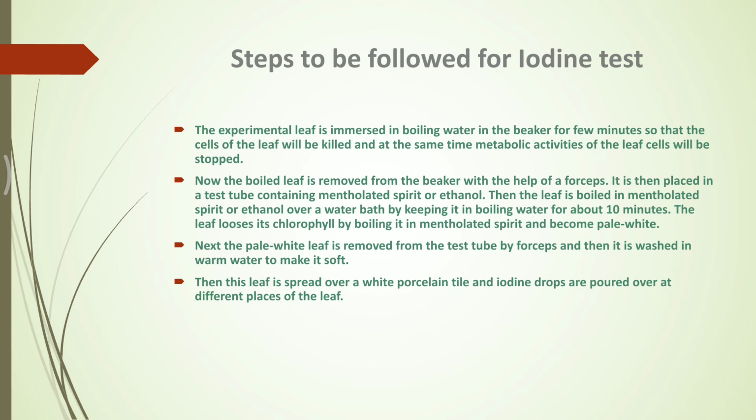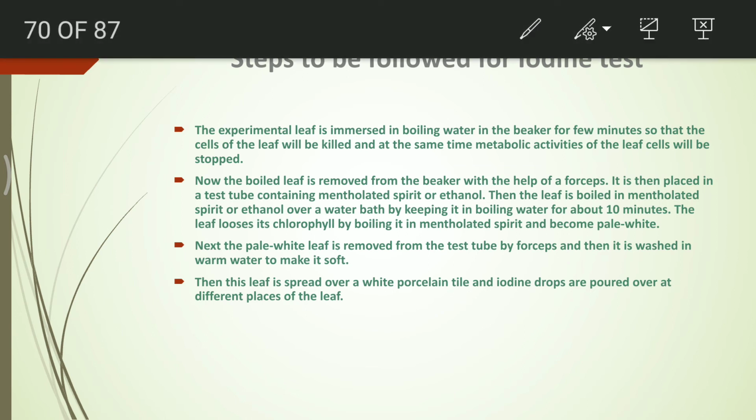The various steps which are performed are still the same for the iodine test. At first we take a water bath. In that we add the leaf which is plucked from the conical flask, and boil it for 2 minutes.